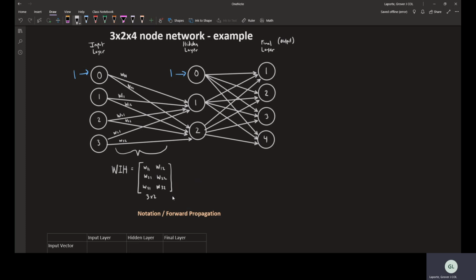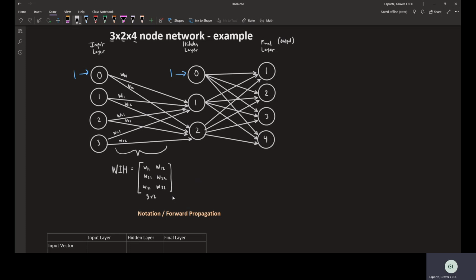So if you come up here and you look, we're doing a 3 by 2 by 4 network, and this is an example of one, and the numbers that I chose there are just sort of arbitrary. But I have a 3 by 2 matrix that takes me from my input layer to my hidden layer.